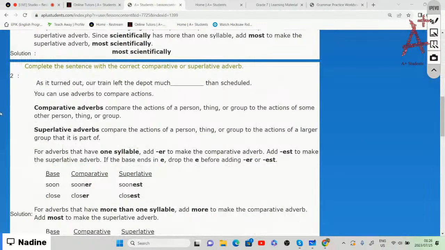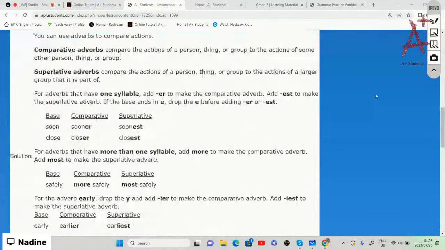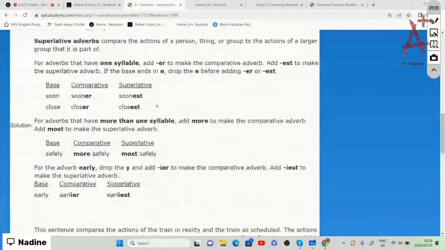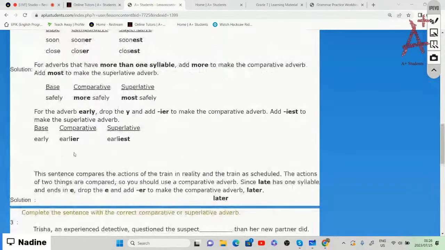As it turned out, our train left the depot probably later than scheduled. This sentence compares the action of the train in reality and the train as scheduled. The actions of two things are compared.